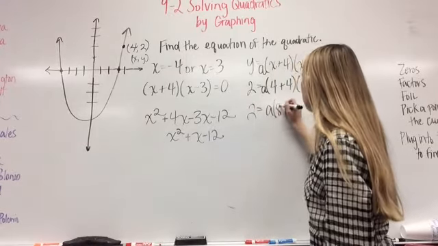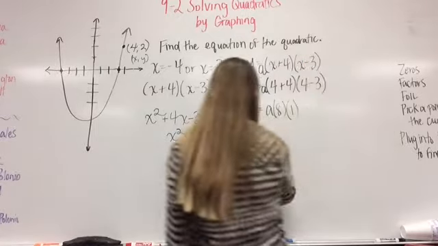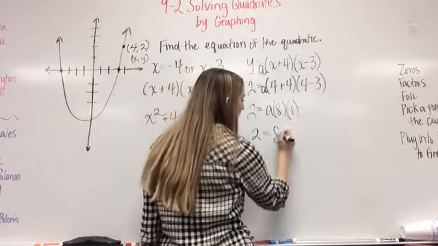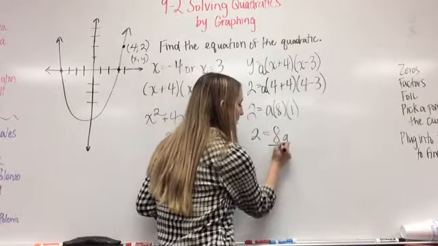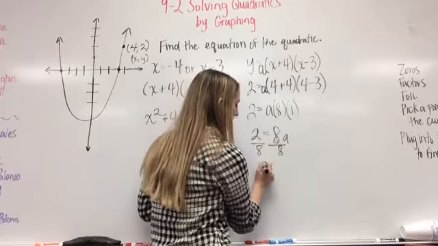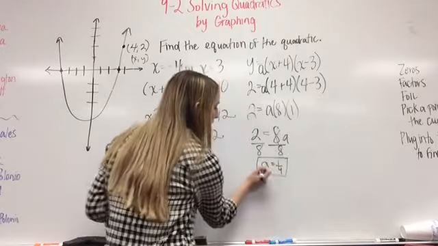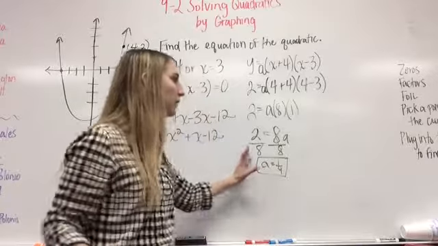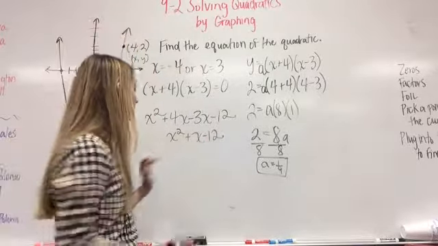So 4 plus 4 gives us 8. 4 minus 3 gives us 1. So now we have 2 equals 8a. Still solving for our a value, so we divide both sides by 8, and we get a equals 1/4. Now we're going to use this a value, and we're going to multiply it by our equation that we found by doing FOIL.